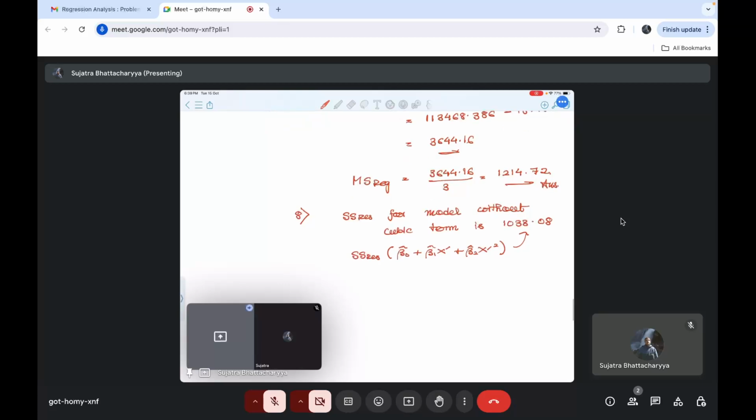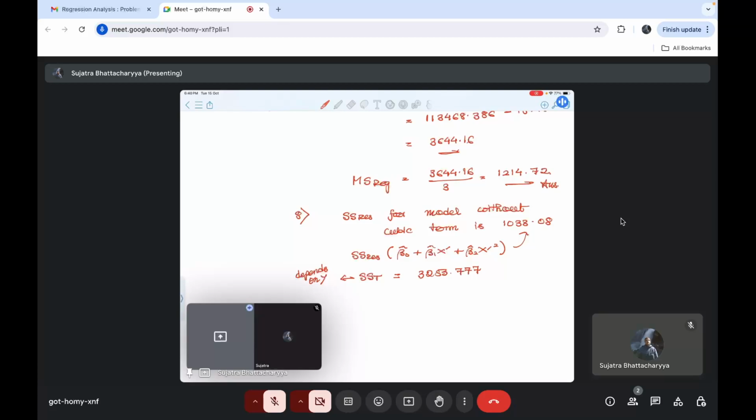Now SS total will not change even if we change the parameters, because SS total depends on y. Y is not changing. We are only removing the x prime cube term. So this will not change. SS total, if we calculate, comes out to be 3253.777. How will you calculate? It's simple.